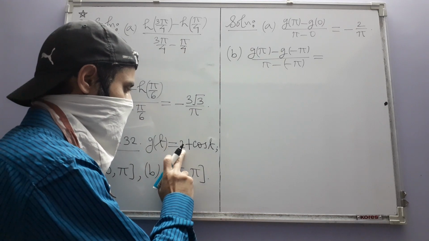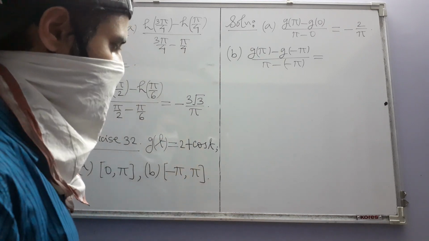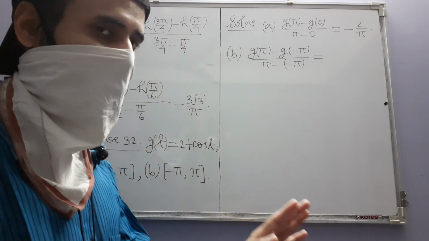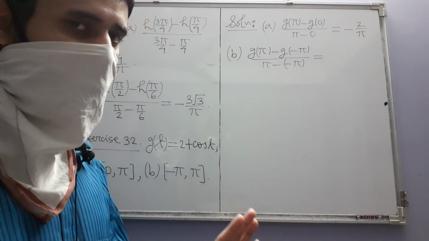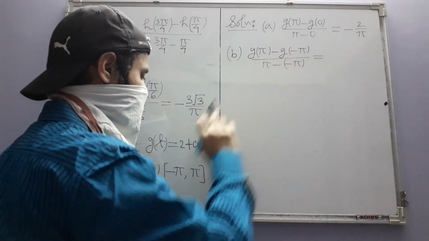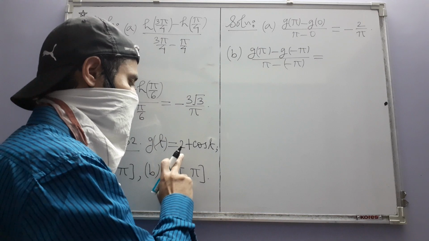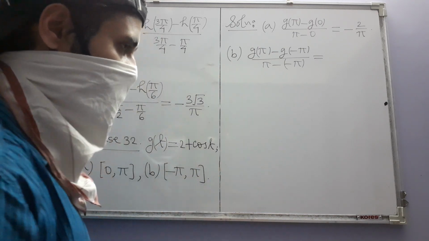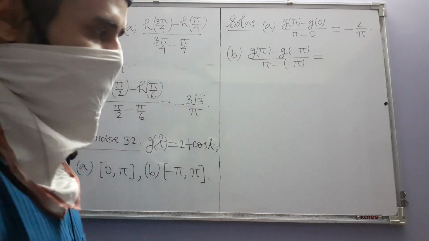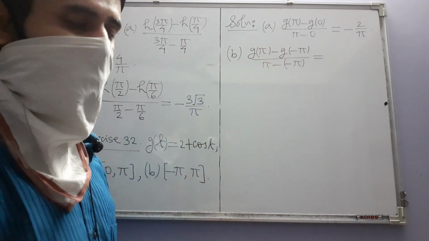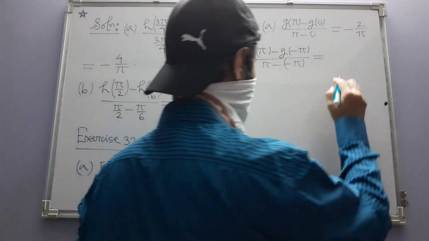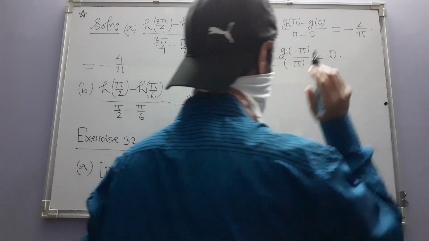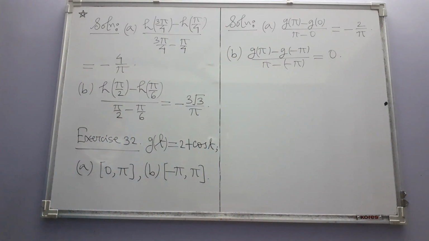G of pi is 2 plus cos pi. What that ultimately turns out to be, there is no need to know that. What is g of minus pi? G of minus pi is also 2 plus cos minus pi, but cos minus pi is the same as cos pi. So these two values are the same. So you get 0 in the numerator, and so the average rate of change is 0. There is no rate of change.